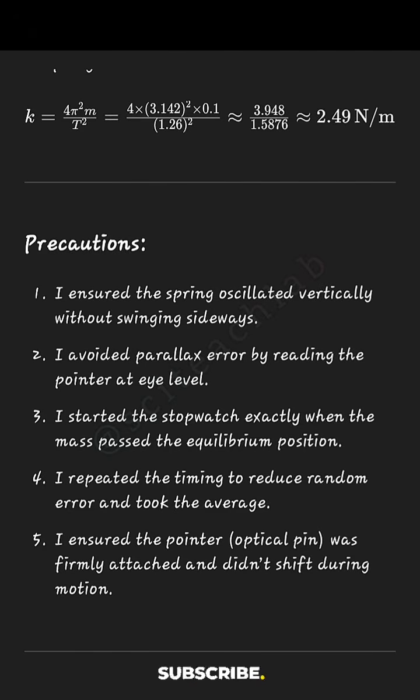Number 2, I avoided parallax error by reading the pointer at eye level. Remember that pin was my pointer. Number 3 can be that I started the stopwatch exactly when the mass passed the equilibrium position. Another one could be that I repeated the timing to reduce random error and took the average. Then could be that I ensured the pointer was firmly attached and didn't shift during motion.